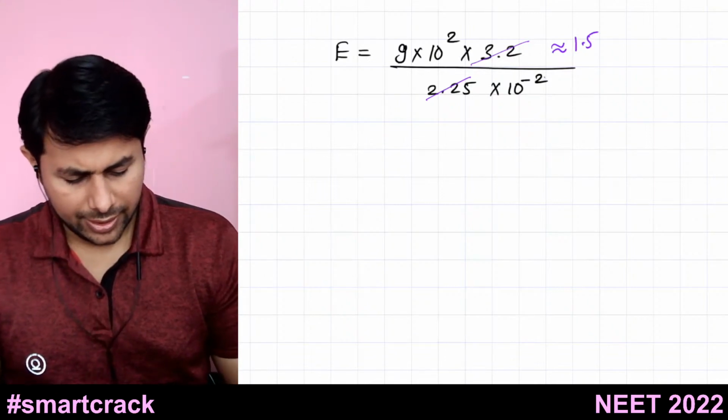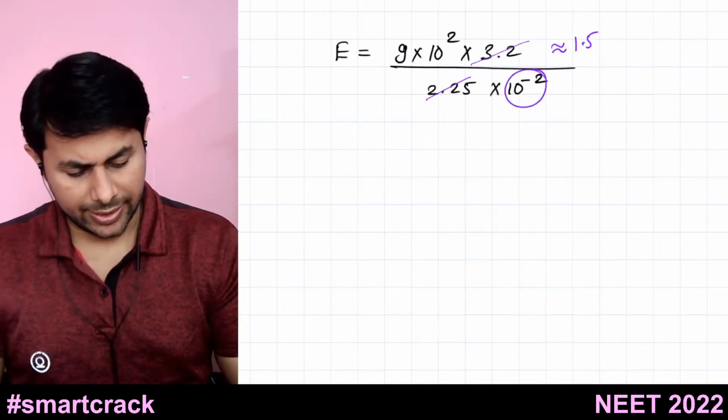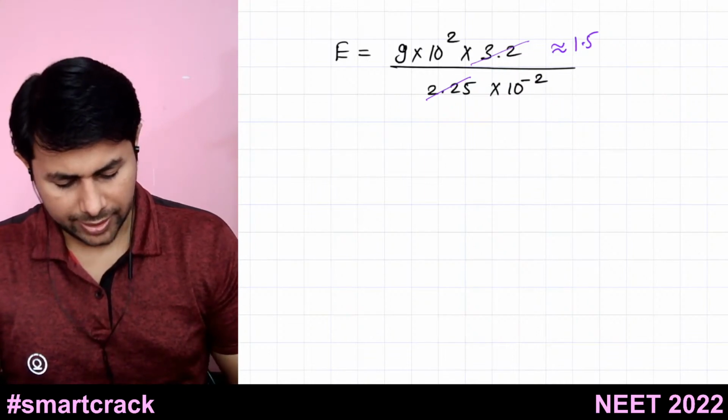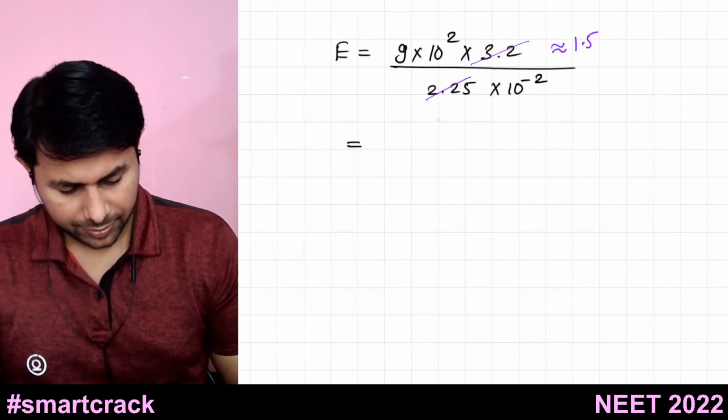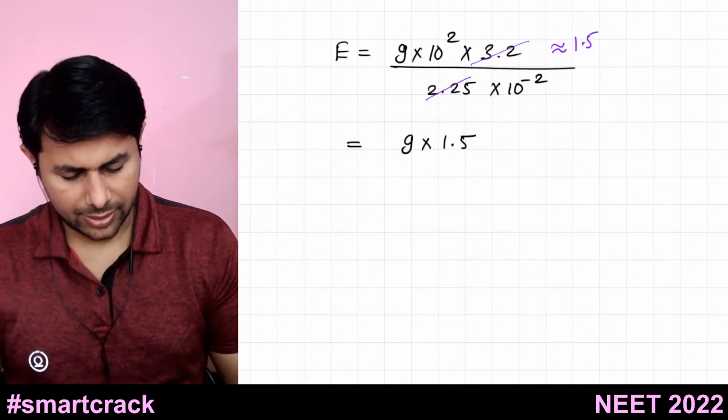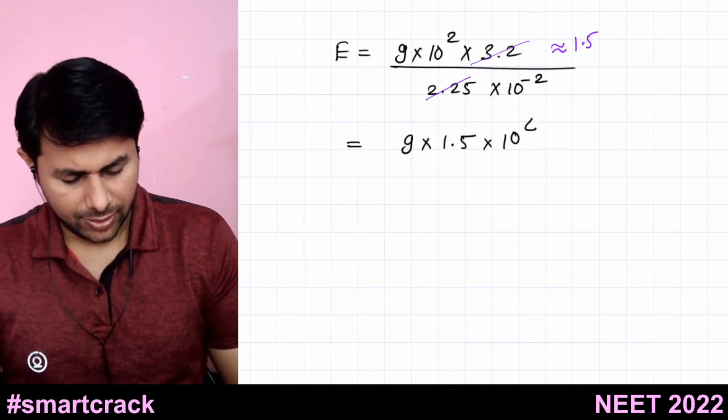Then the 10 raised to minus 2 in the denominator goes to the numerator and becomes 10 raised to plus 2, so we have 9 multiplied by 1.5 multiplied by 10 raised to 4.